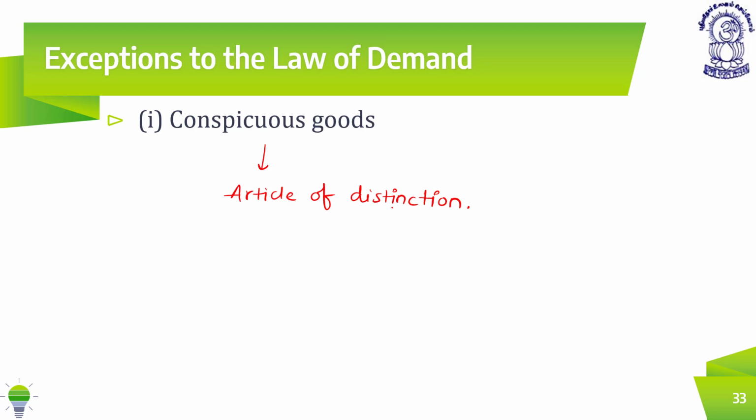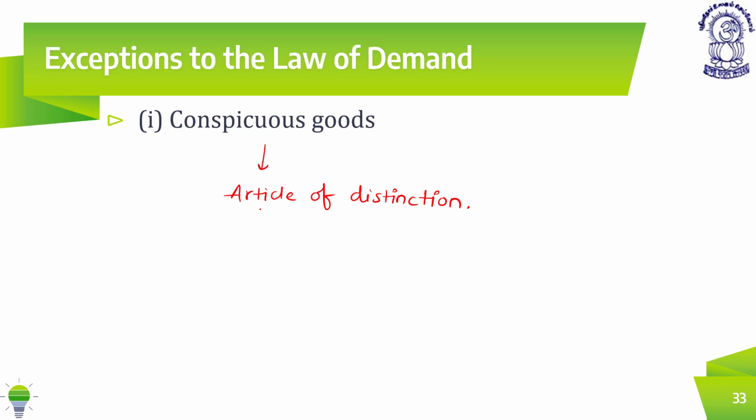Many a times what happens in the society, there are people who want to show the economic power, and that is why they use this product. So if there is an increase in the price of these kind of products, their demand does not decrease. There is no fall. Their demand increases rather.